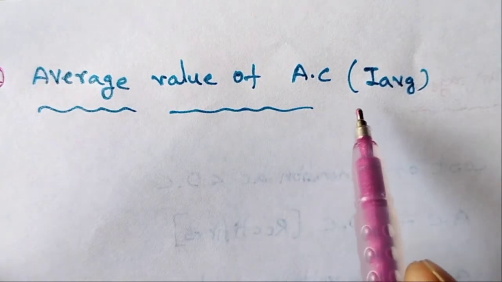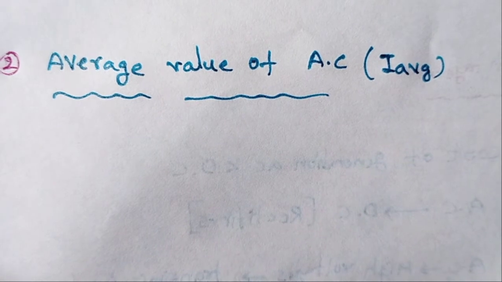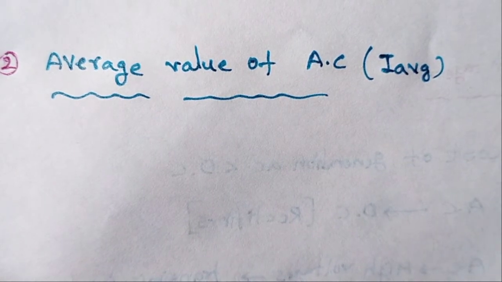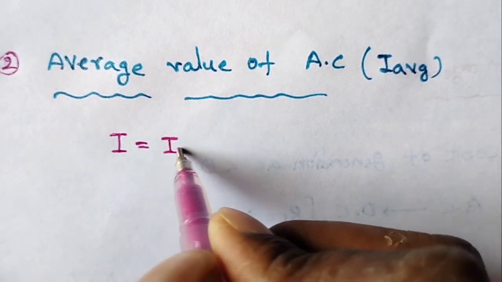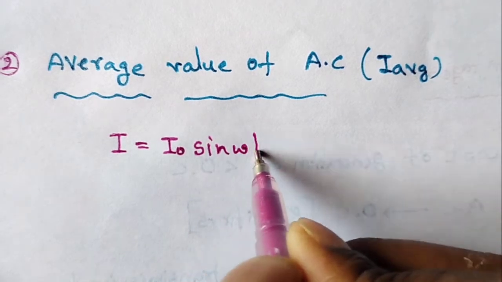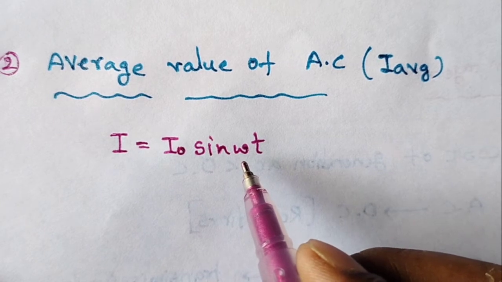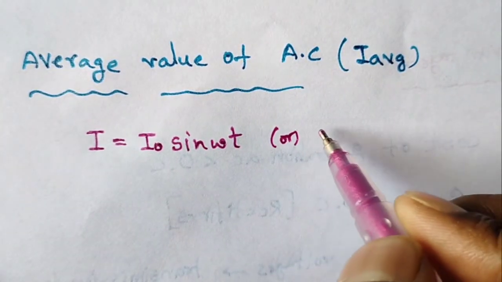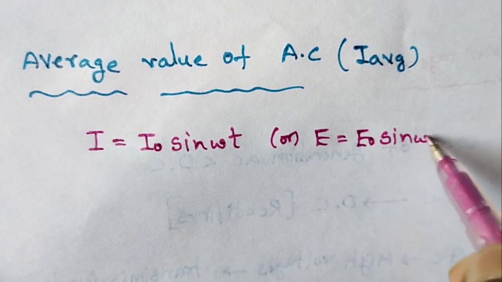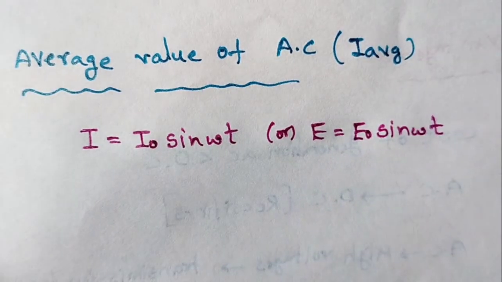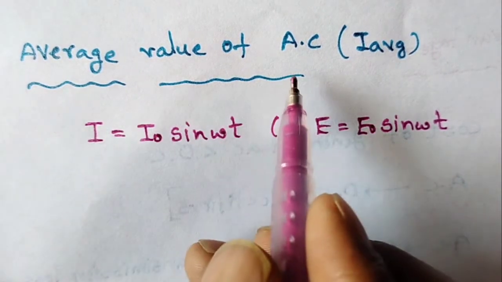Second one: average value of AC, I average. In the previous one, what are the instantaneous current and voltage? Instantaneous current I is equal to I naught sin omega t, without a phase. If you take the phase, it is omega t plus phi, and for voltage, E is equal to E naught sin omega t. This is the instantaneous current and voltage value. So what is the average value of AC?